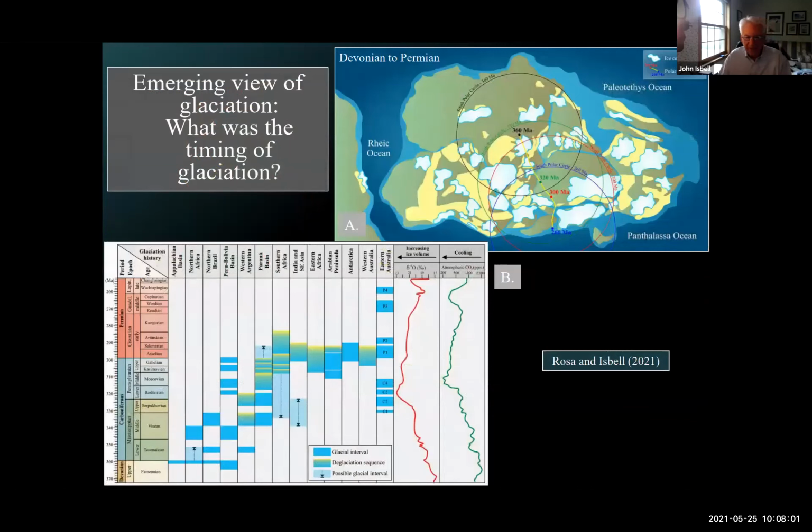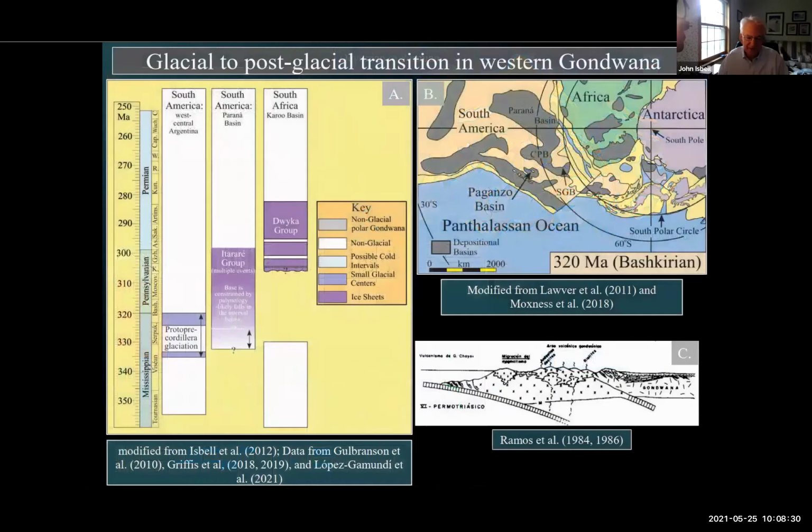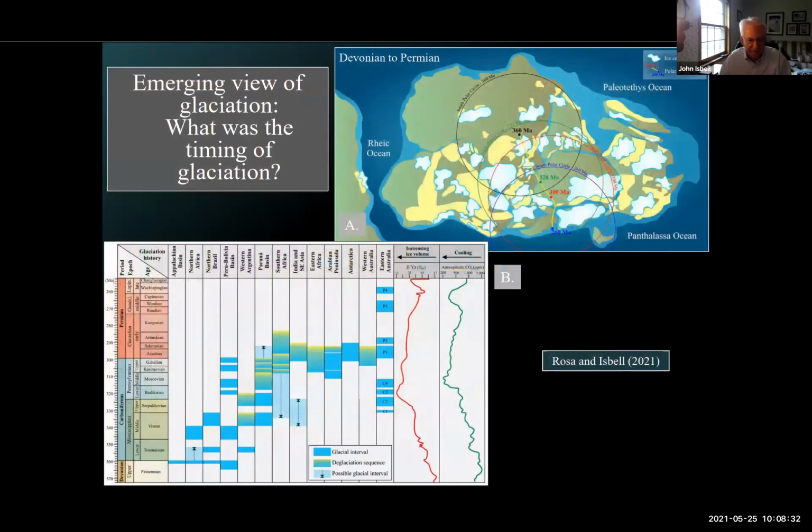So if we look at numerous basins around Gondwana, we find similar scenarios, similar situations. And what we would suggest is that Gondwana was not covered by a single ice sheet, but it was dominated by multiple ice sheets, ice caps, and in some cases, alpine glaciers. We would identify that glaciation occurs on the order of 1 to 10 million years, and that it's separated by non-glacial events of equal duration.